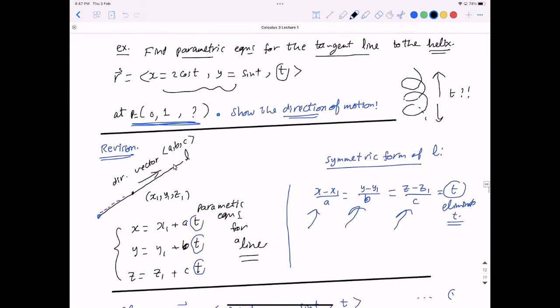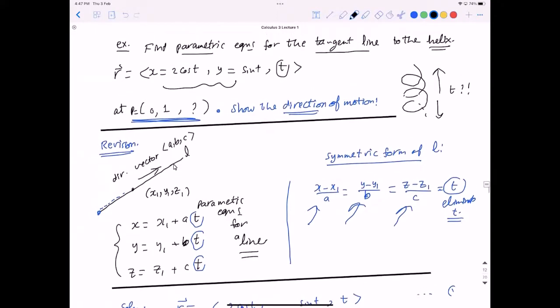The last part is to show the direction of motion, how to draw part of this helix and show its direction of motion. Put t equals 0 to know where it begins.